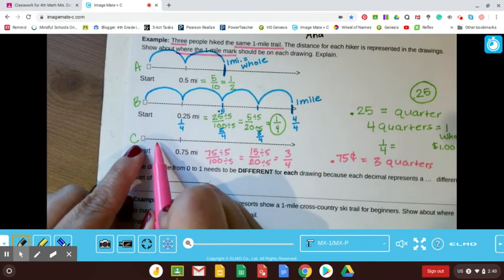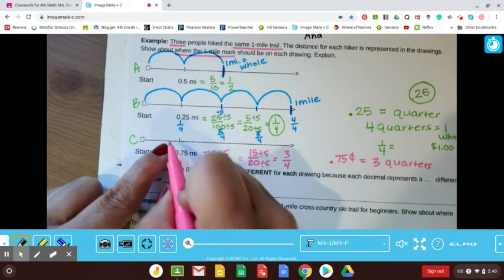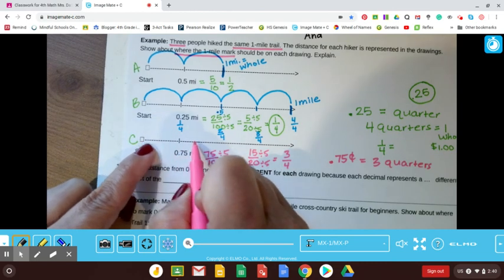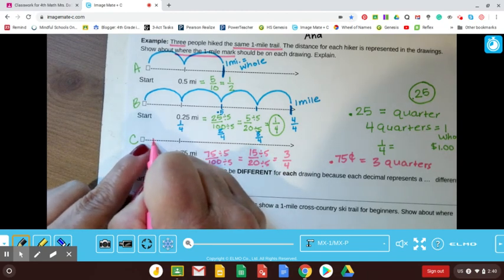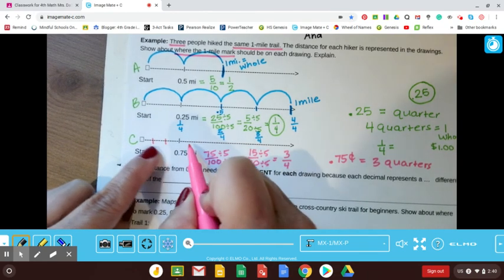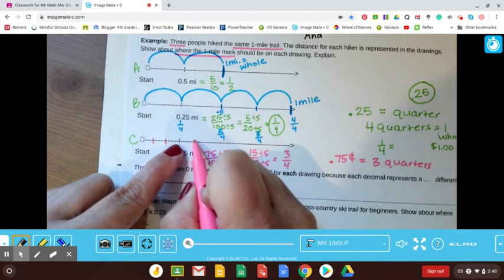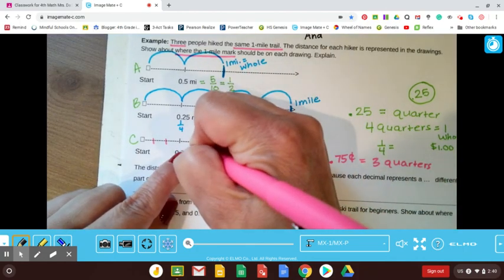So that means that she's already traveled greater than half. So let's see, if this was 1/4 and then a half and then 3/4. And then your whole would have to be somewhere right around there, right?